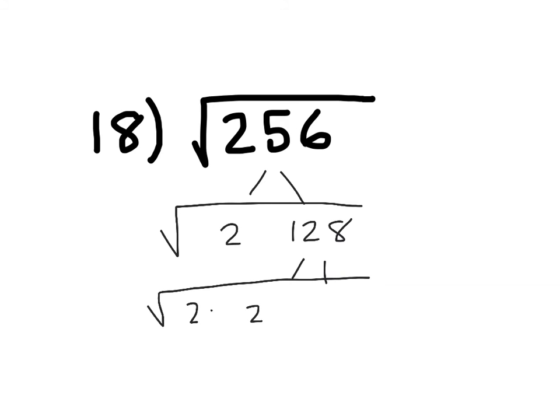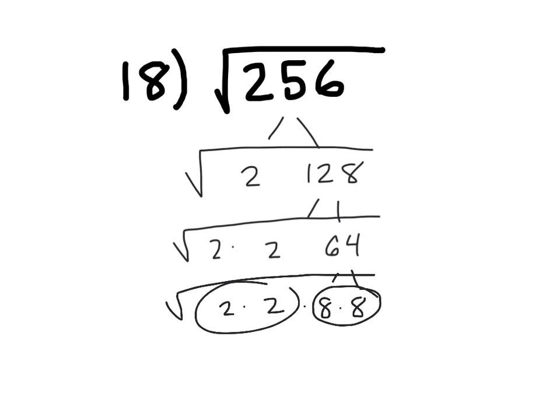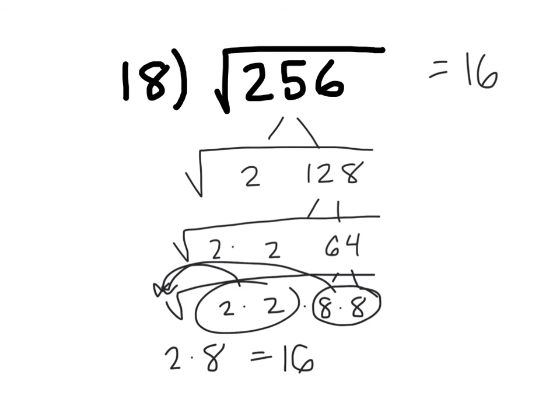So we could say 2 and 64. What type of number is 64? A perfect square, right? What can 64 break into? 8 and 8. So we have a pair of 2's and a pair of 8's. So we move the 2's on the outside and we move the 8's on the outside. So we get 2 times 8, which is 16. So our answer here is 16.